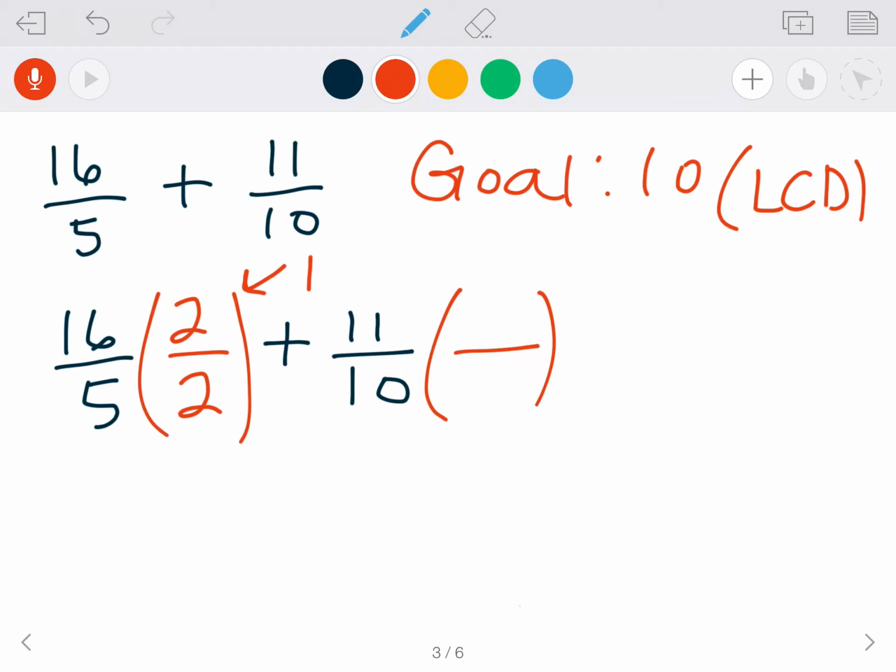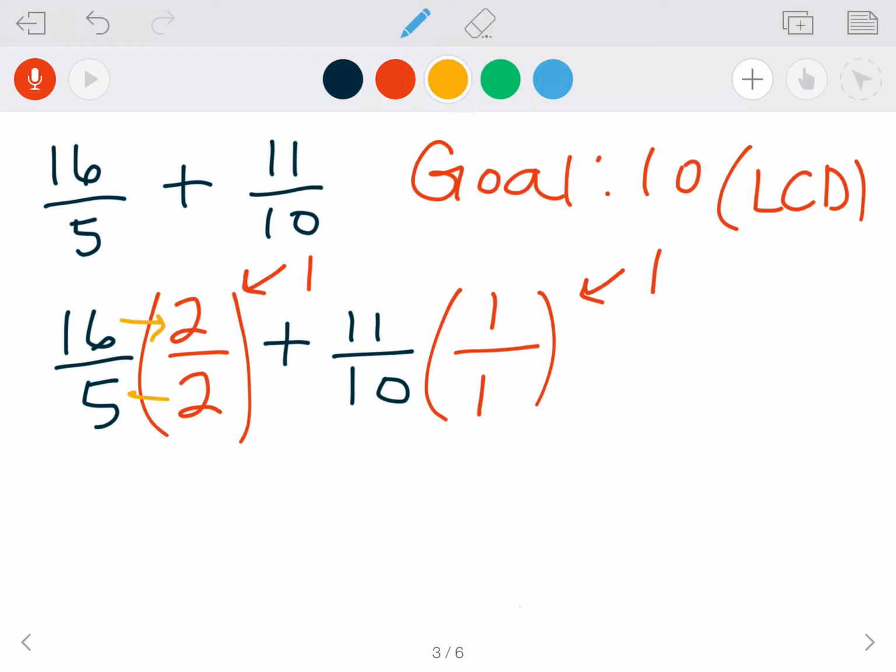Therefore, we need a 2 here because 2 divided by 2 is 1. In the second fraction, 11 over 10, we need to put a 1 here because 10 times 1 is 10. That's the number we want. Again, we want this number in red to be a form of 1, so this must be a 1 because 1 divided by 1 is 1.